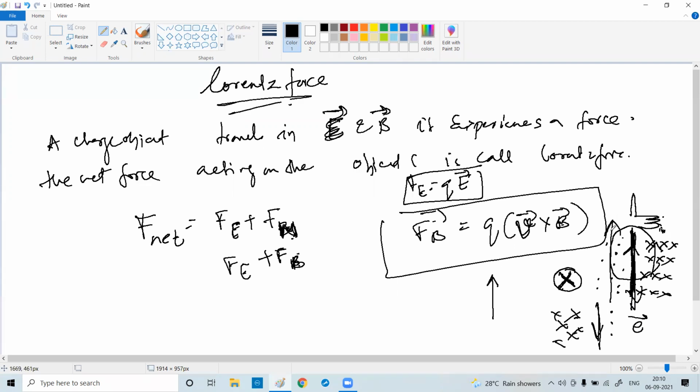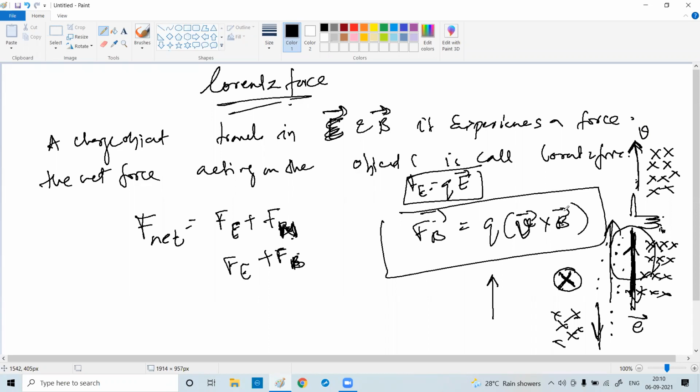So if you are taking that protons are in this direction, that means the velocity of the positive ions is in the upward direction. Magnetic field is where? Inside. Yes or no? Then how is the force? We will come to that law, sir. That means the left hand rule.